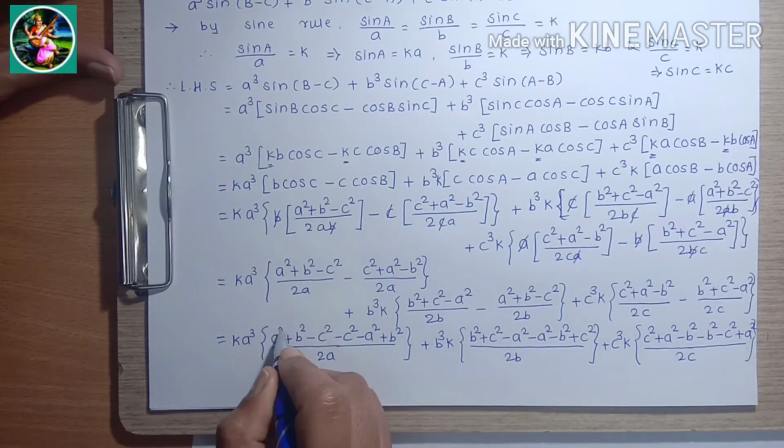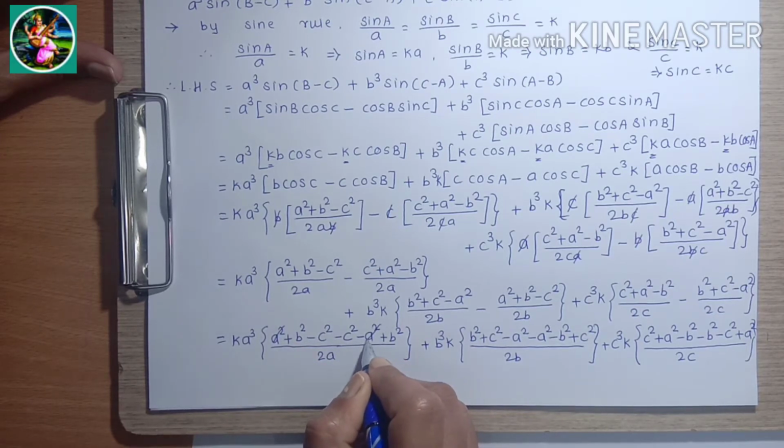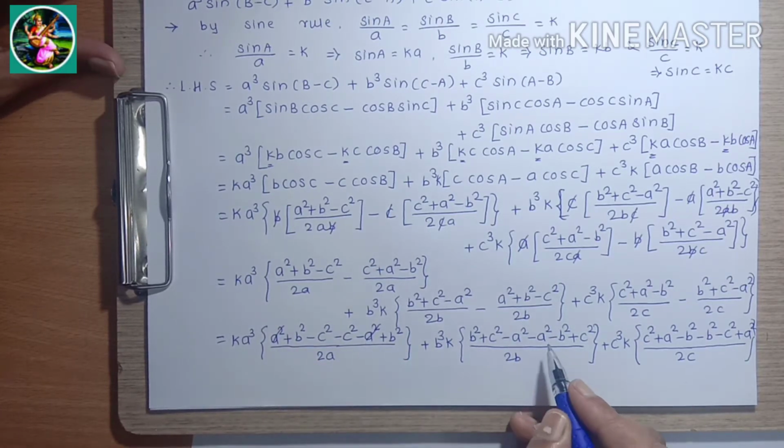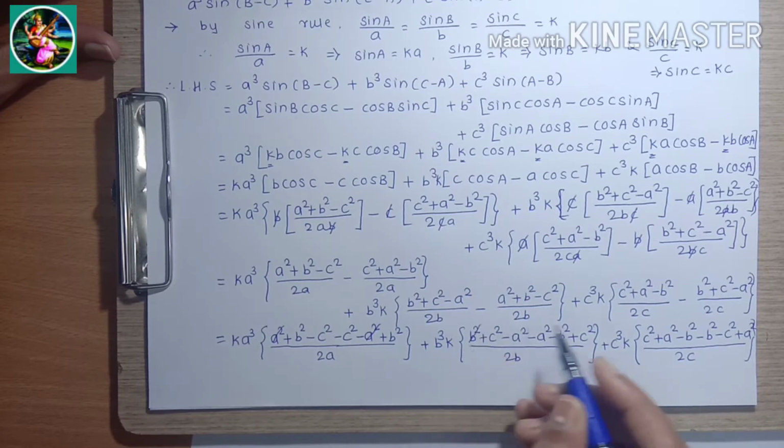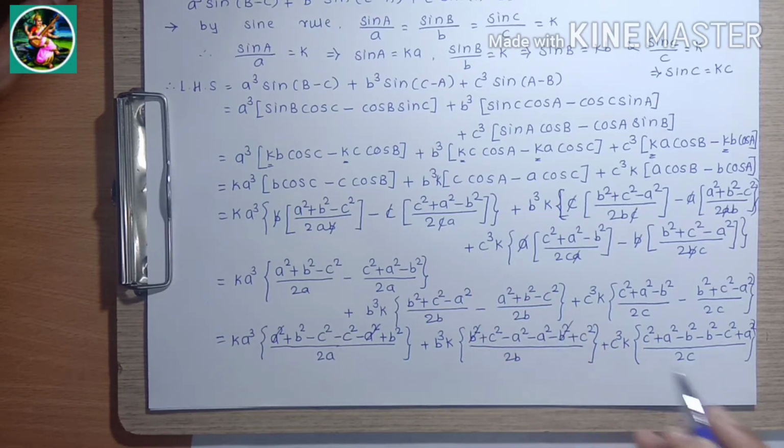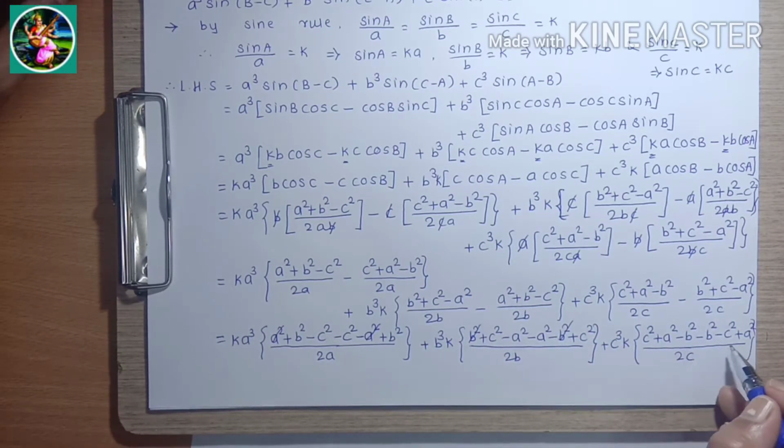Now here plus a square minus a square get cancelled. Here also plus b square minus b square get cancelled, and here plus c square and minus c square get cancelled.